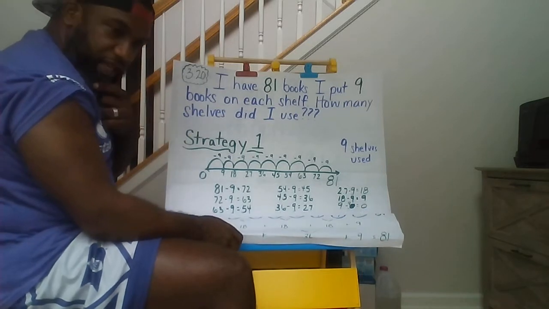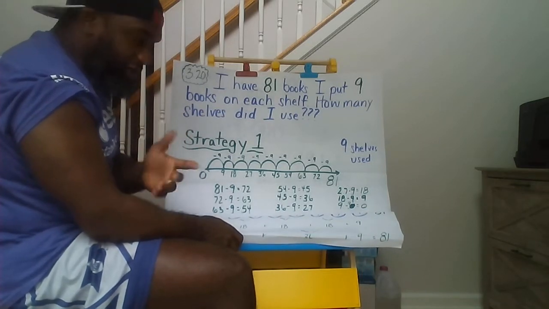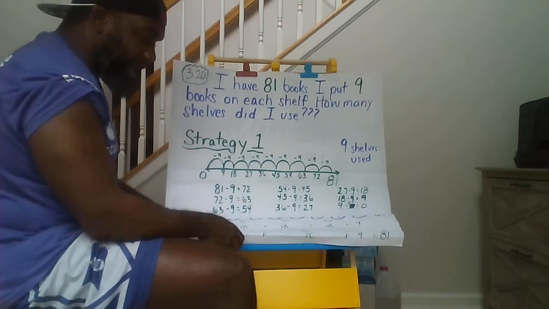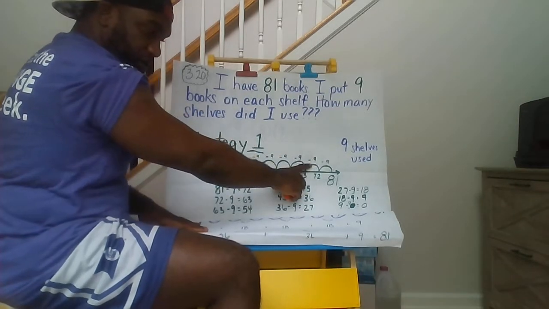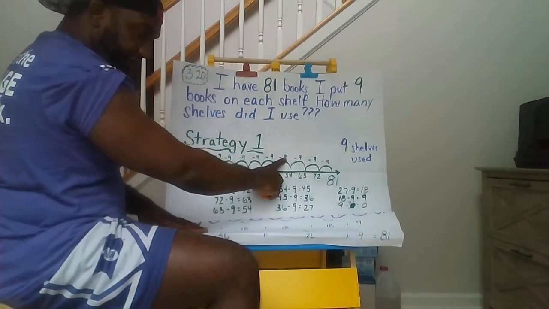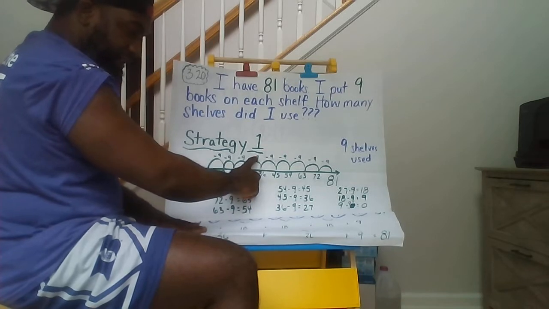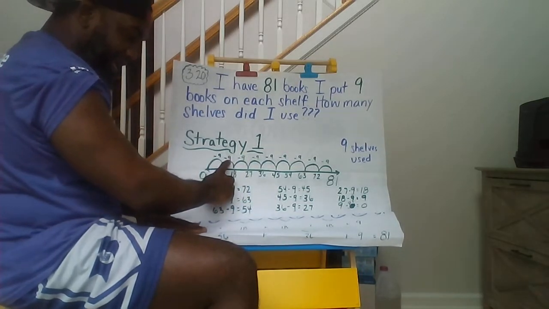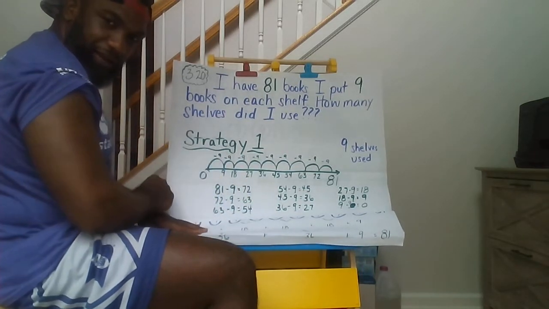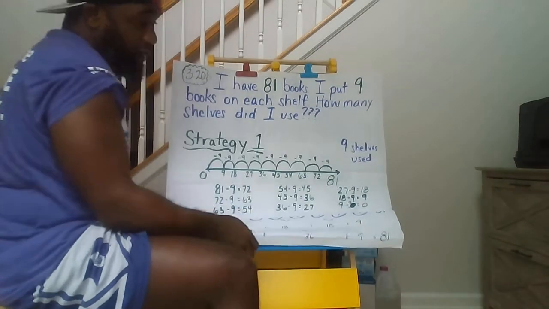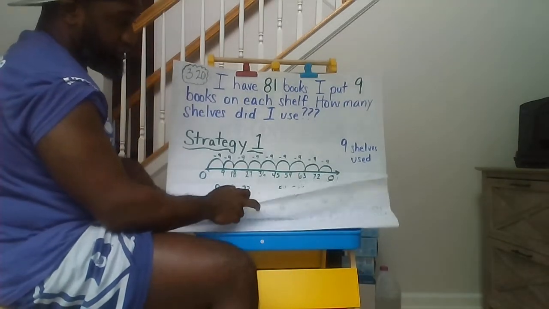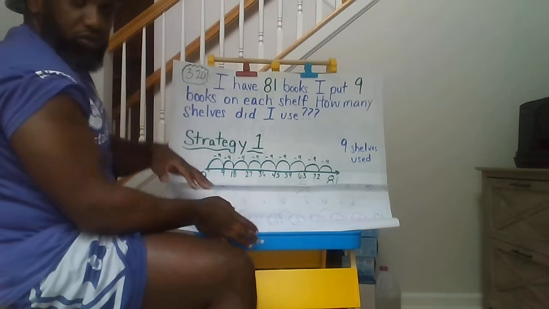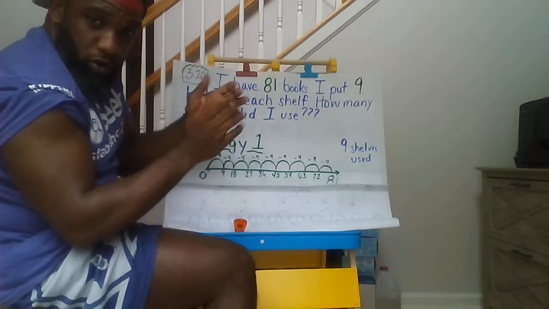And then we had to think, how many times did we do that? And so let's count. 1, 2, 3, 4, 5, 6, 7, 8, 9 times. And that's how we got to our 9 shelves used. Give yourselves 2 claps, 2 more.